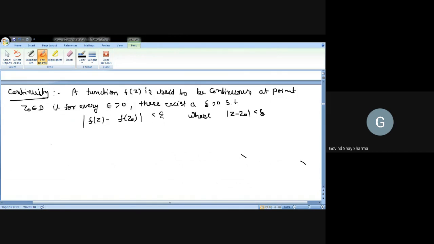If f(z) is continuous at z0, then the limit of f(z) is f(z0).